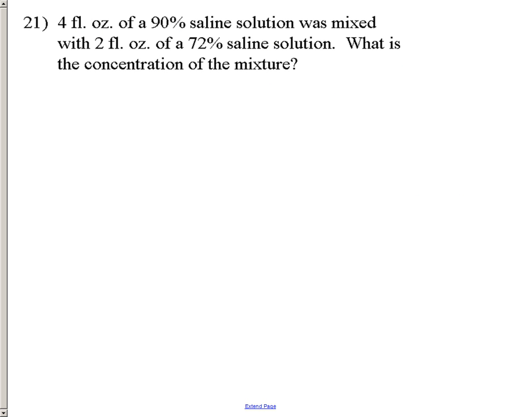Okay, 21, dreaded story problem here. If I'm given a percent of problem, I'm going to set this up in a chart. I used to fight charts. Percent of, we're talking about a solution here, is percent of solution is, in this case, a saline solution, 90%, I believe that's a salt solution, is salt.